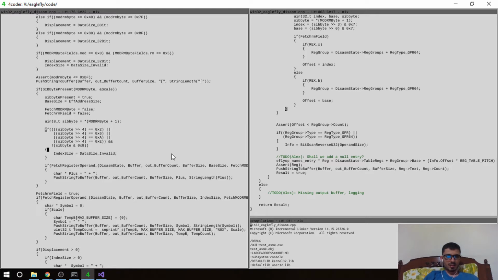The SIB byte uses the same idea here, like, probably we're going to fetch towards a memory thing. I mean, the ModR/M byte extraction is not complete at all right now. We just have the basis, because here, for example, we just extract blocks of it.